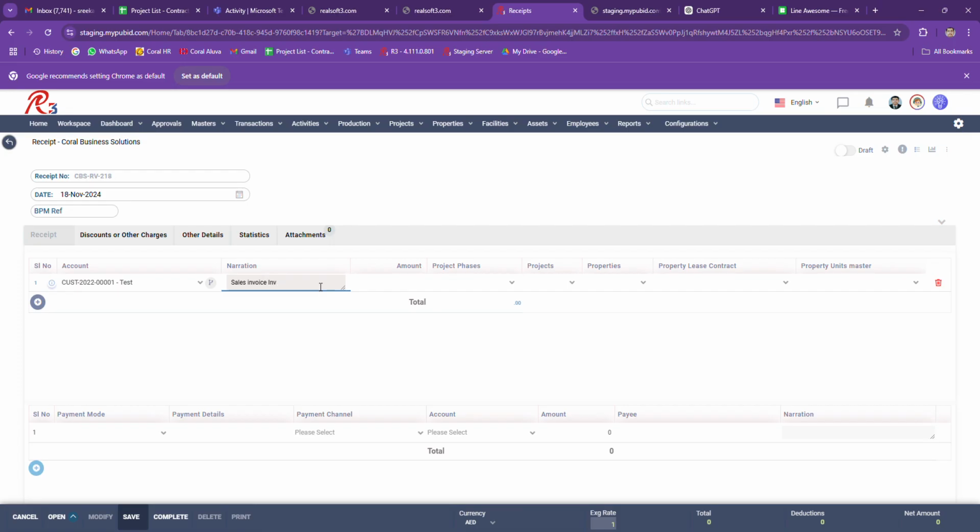Like this, most of the accountants will give sales invoice against sales invoice, sales invoice this number, dated 12 November 2024, something like this. Understood, no? So that is the purpose of narration.